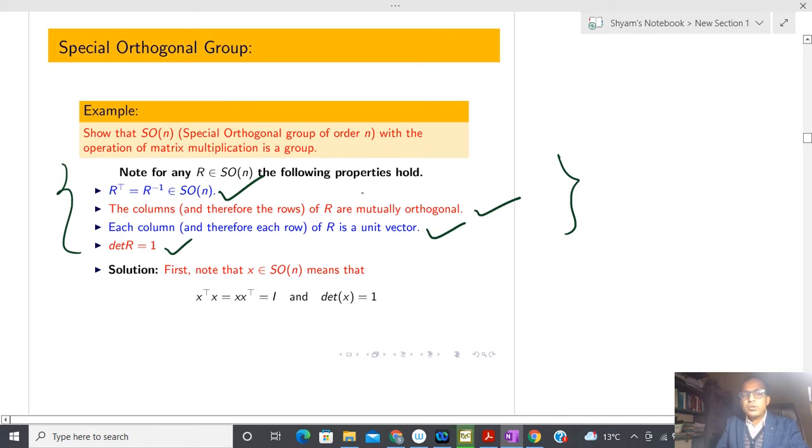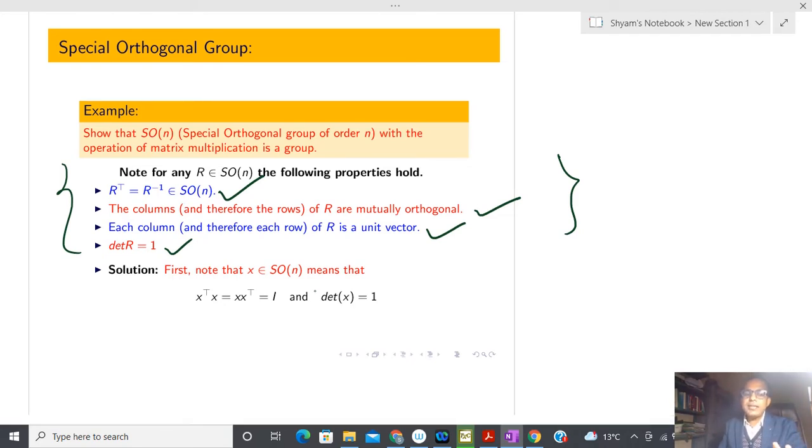Now we are going to check that if I believe in these 4 properties, then why this forms some kind of group, called the special orthogonal group of order n. In order to show that something is a group, I have to show 4 properties.